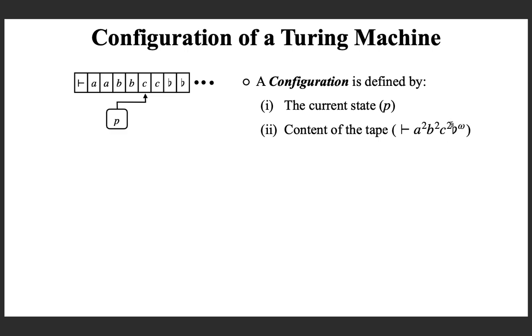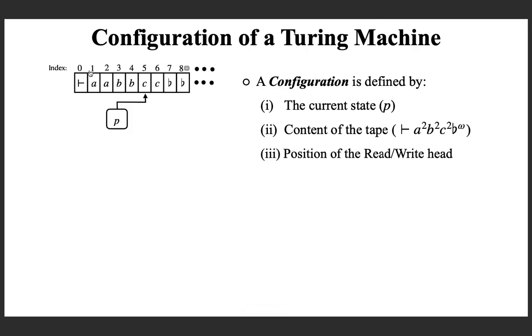So that is the second component, and there is one more component defining a configuration, which is the position of the read write head. To know the position, we need to index the cells in the tape.